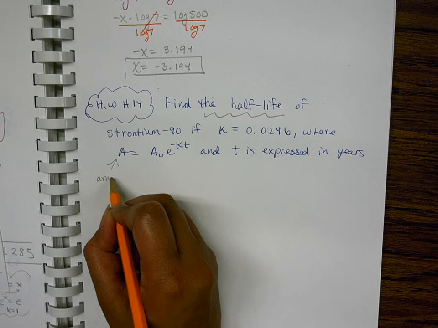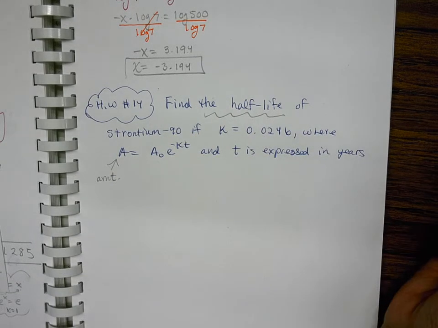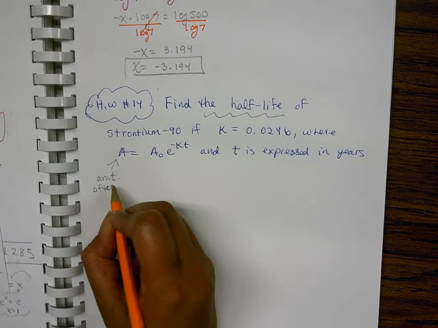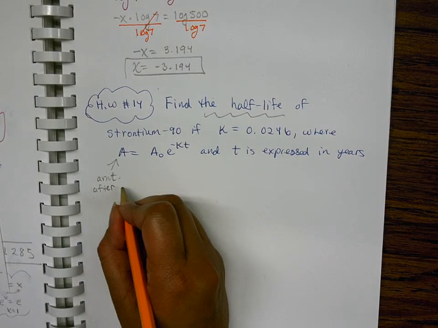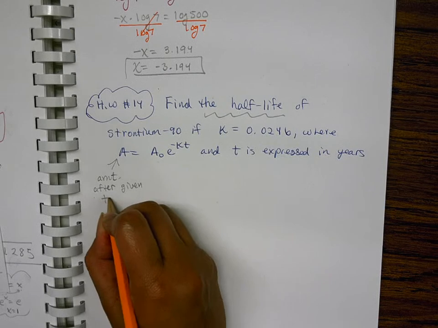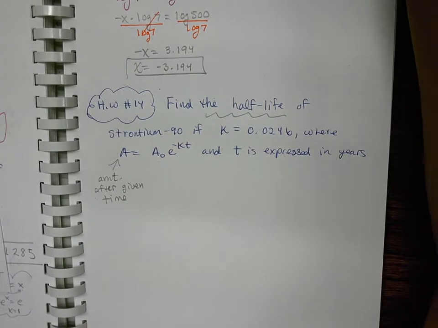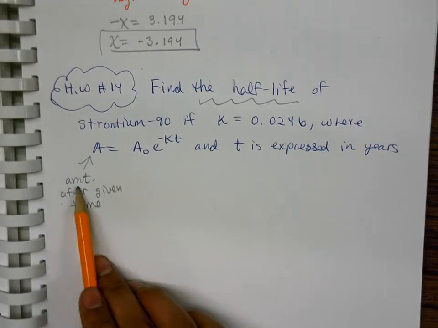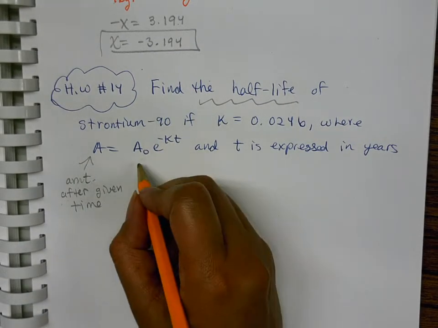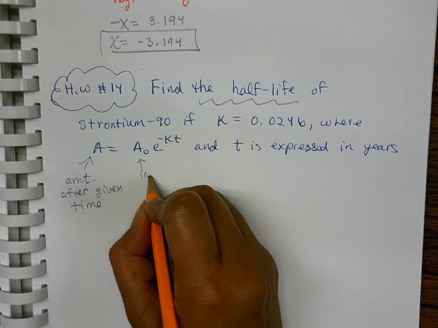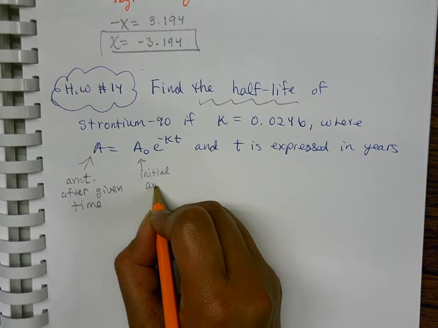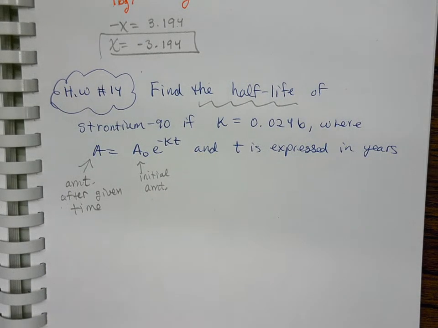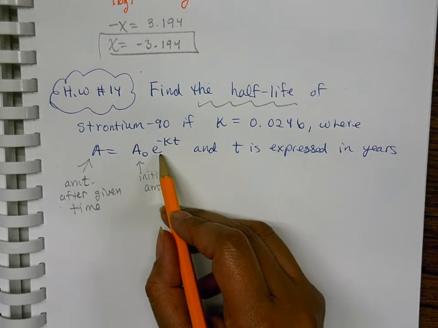Okay, what is what? The final answer, A, is your amount. AMT stands for amount. A is your amount after the given time. A naught is your initial amount.